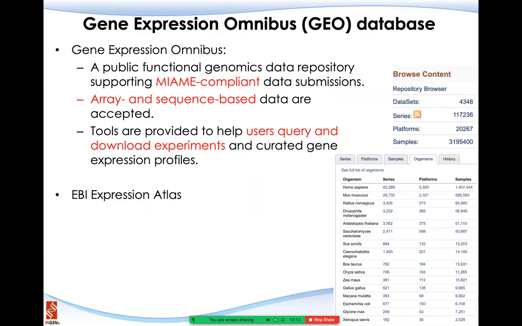The next very important resource is the GEO database, which is the Gene Expression Omnibus. This is where you should go to look for some of the published studies. And if you want to look at their raw data, normally this is where the data are deposited.